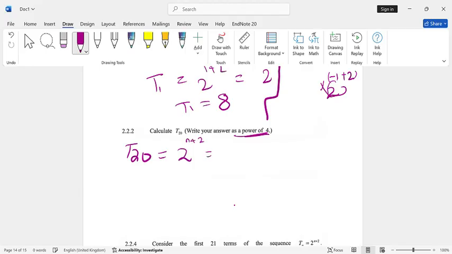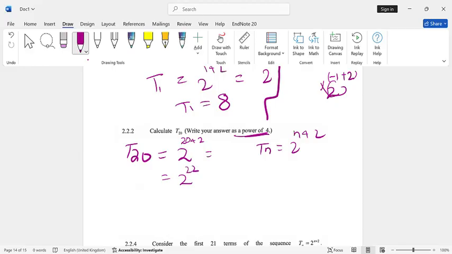So I'm going to put in the value of n because we have the formula. We have power 20 plus 2, so it becomes 2 power 22.